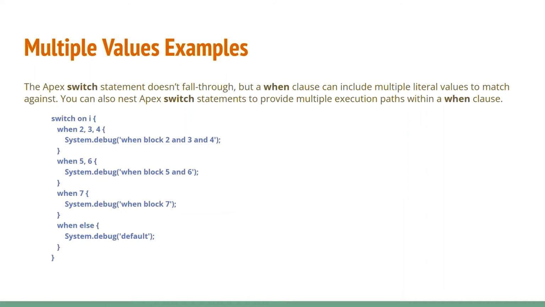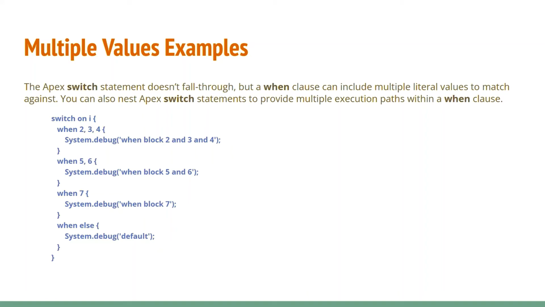Multiple values example. For example, switch on I, we can have value 2, 3 or 4. If it is evaluated to 3 or 4, then this particular block of business logic will run. If it is evaluated to 5 or 6, then this particular block will run. If it is 7, then this particular block will run.